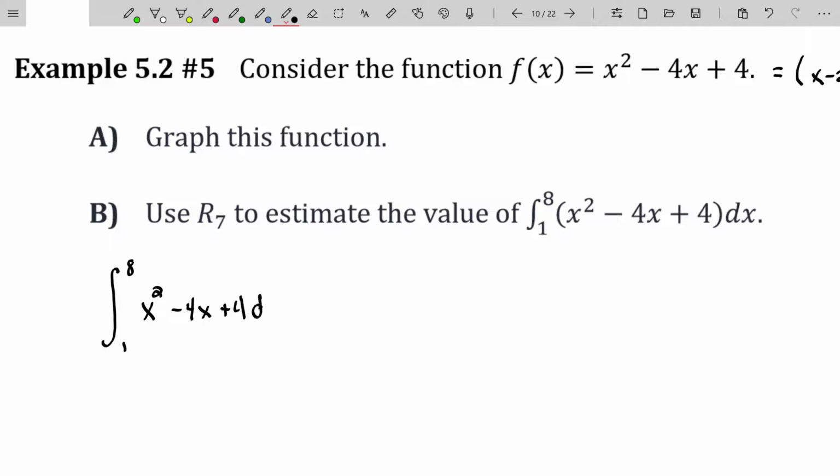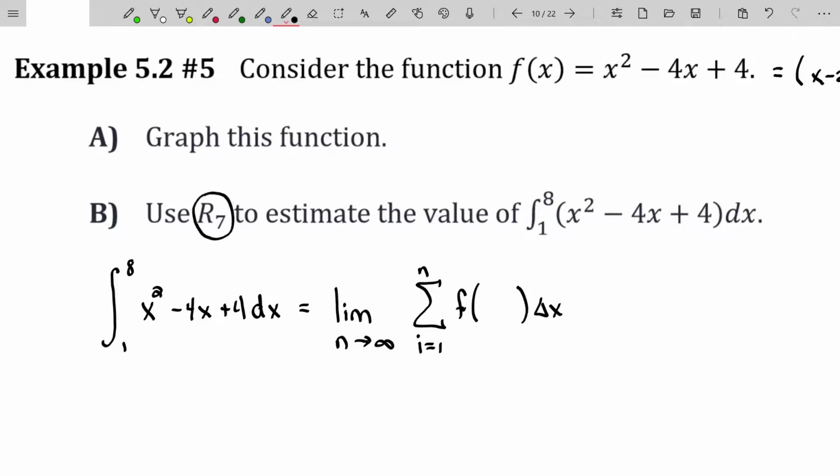So that's going to be equal to the limit as n tends to infinity of the summation i equals 1 to n of f at something times delta x. And that something is dependent upon where we take our sample points. Well, if you're doing a right edge point, which is exactly what we're using, then it's x sub i.